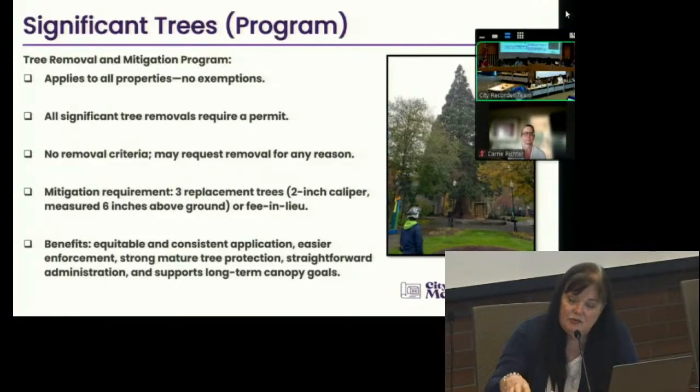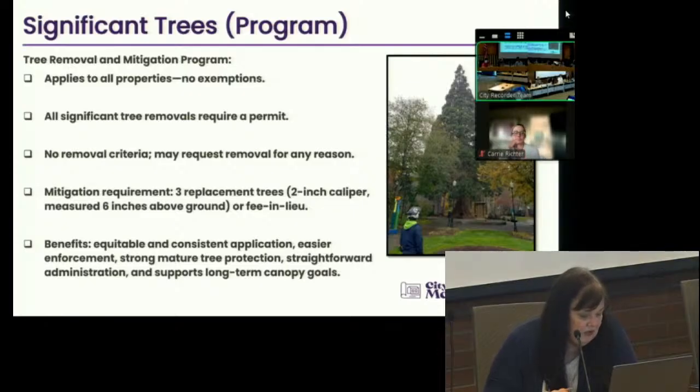Again, we said we wanted to keep trees because they're protecting the hazard. So that has more limitations, and the more limiting district applies. So we want to be able to see where people are removing them. And then we also want to make sure the 3 to 1 replacement is occurring as well.